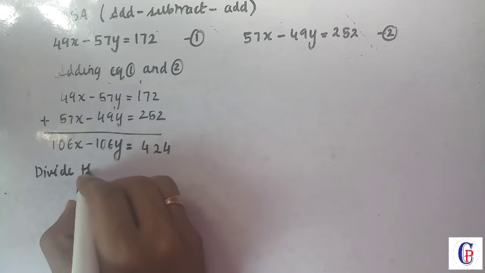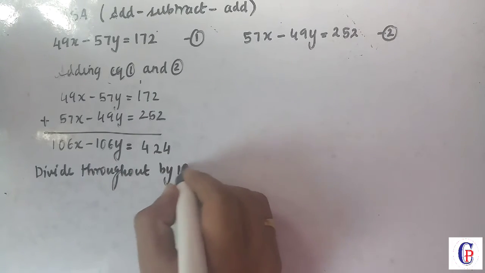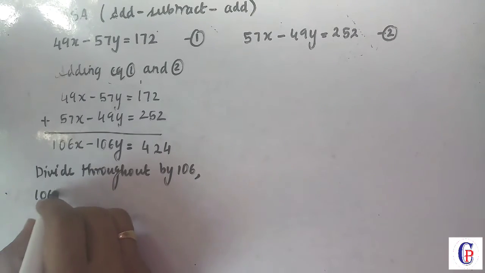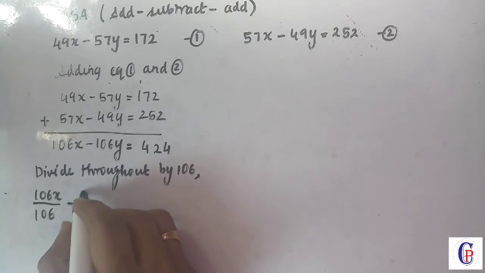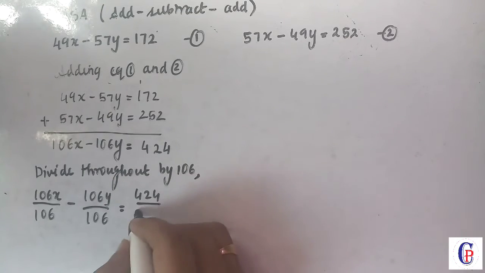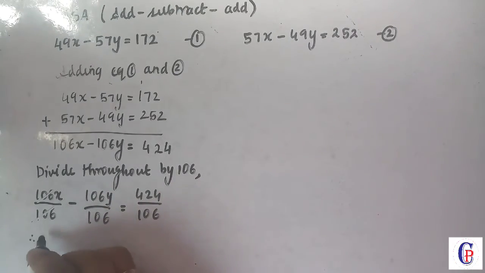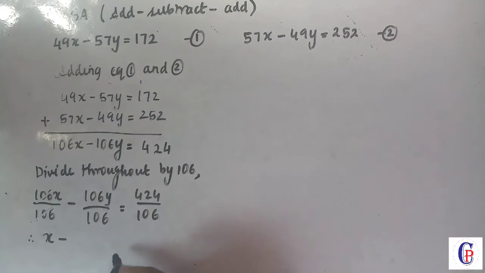Divide throughout by 106. So you get 106x upon 106 minus 106y upon 106 equals 424 upon 106. This 106 will get cancelled and you get x.